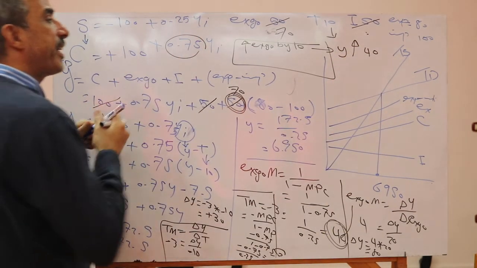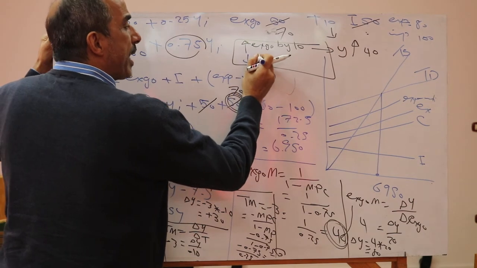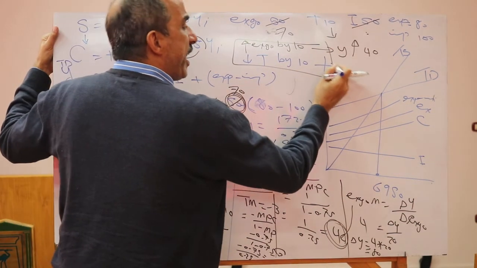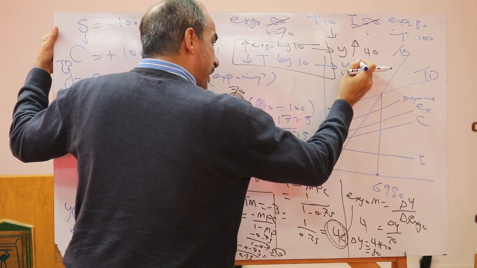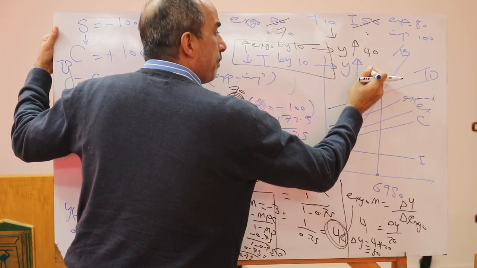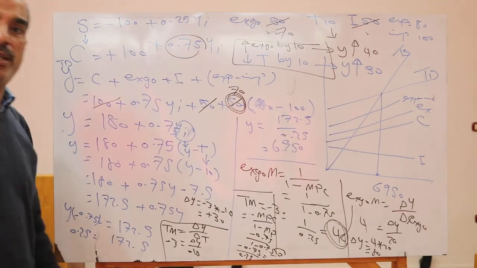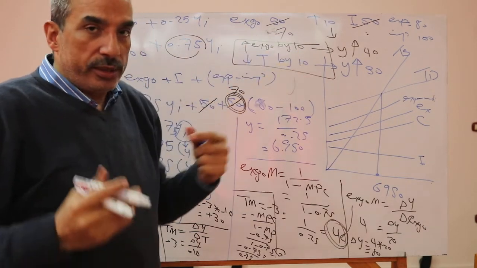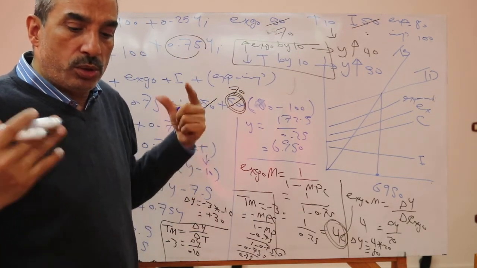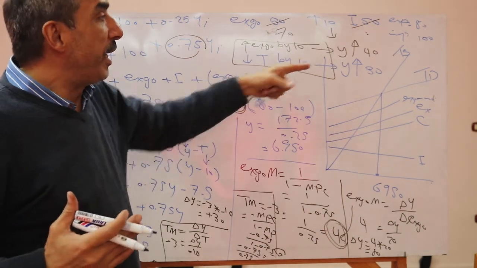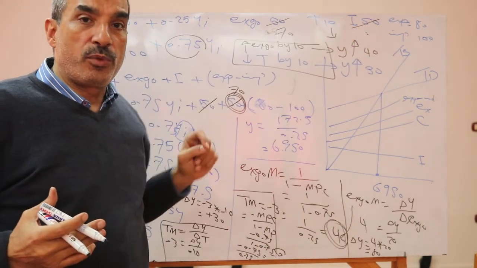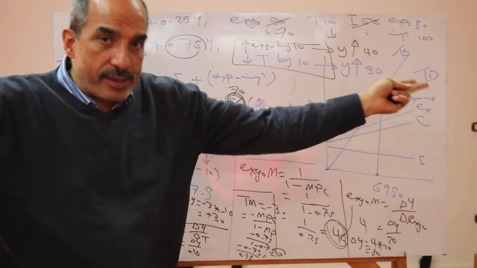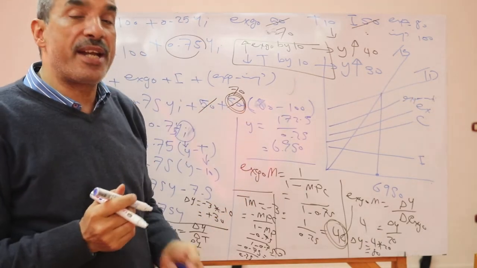When we decrease the taxes by $10 million, the income increase only $30 million. Now we want to increase the income. We want to increase the national income.